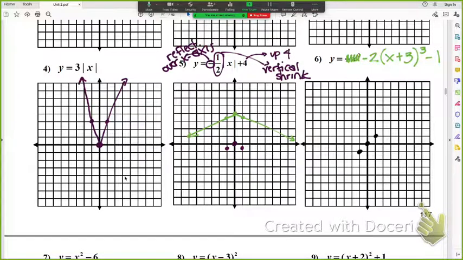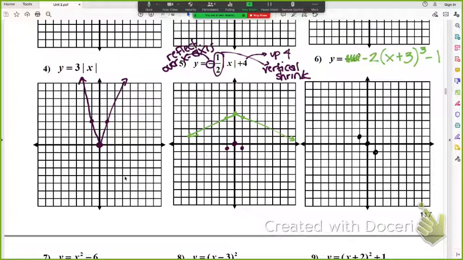Reflection over the x-axis means that this point flips down here, and this point flips up here. Yes? Okay. Some of you will start doing the stretch with it and saying the negative does the flip. The stretch means that instead of going up 1, it goes up 2 or down 2.